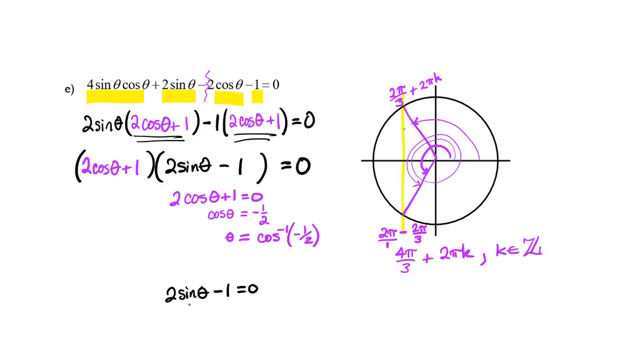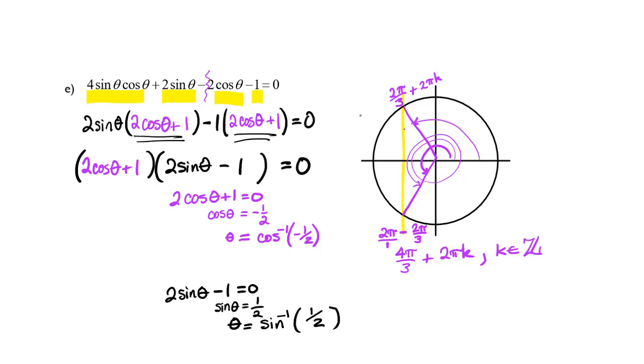And lastly, we have 2 sine theta minus 1 equals 0. I'll go ahead and solve this one for sine of theta. Sine of theta is equal to 1/2, and therefore we have a theta equal to sine inverse of 1/2. Now remember, that's looking at a vertical increase in the positive direction of 1/2.